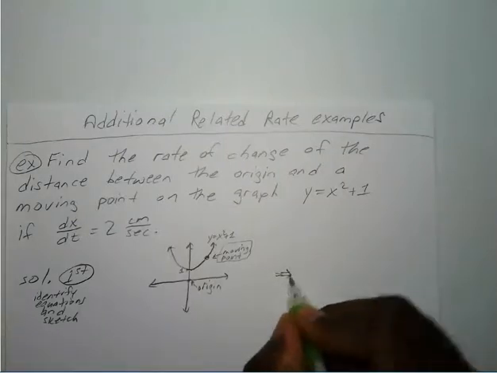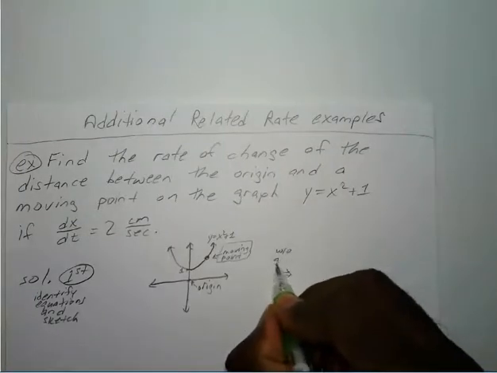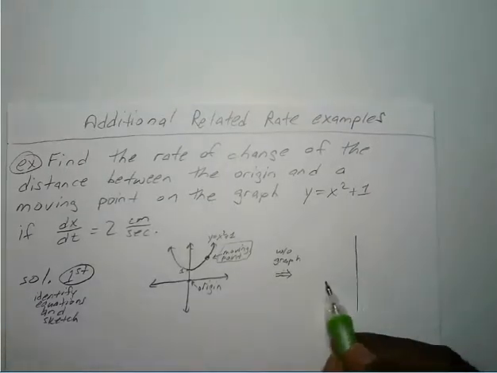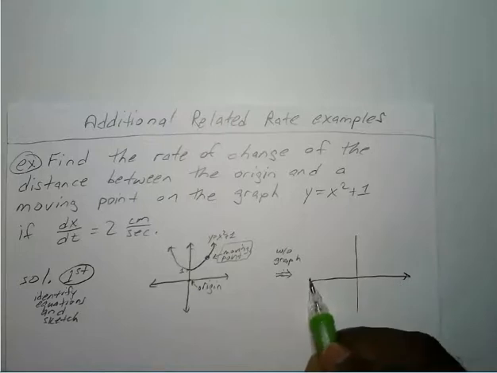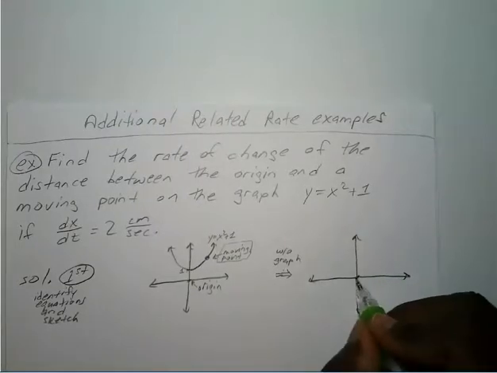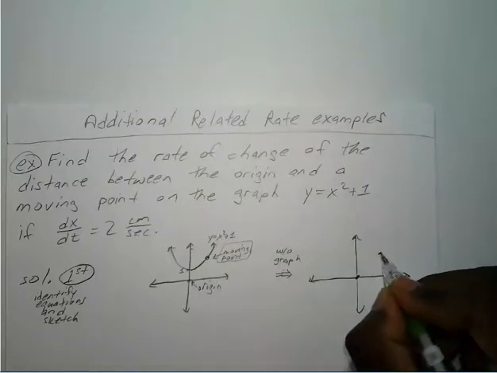If we go without the graph, it will look something like this. You have your origin and your moving point would be right there.